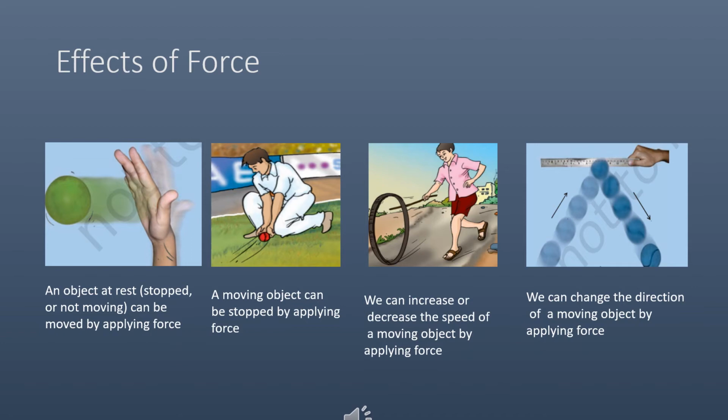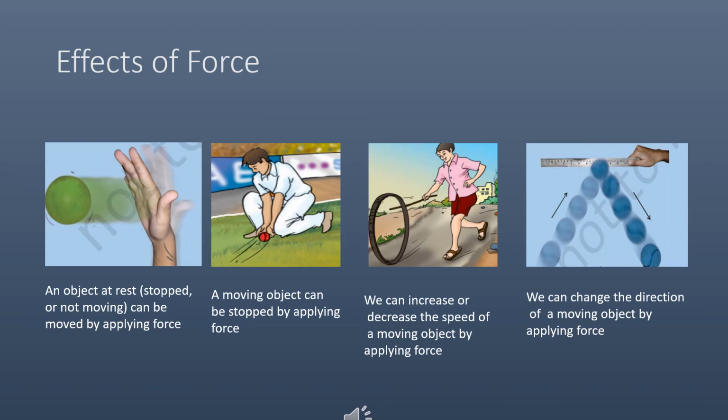Now, if you want to decrease the speed, what will you do? We will apply force in the opposite direction of its movement. Then it will stop also. So we can increase or decrease the speed of a moving object by applying force. That is the third effect of force.